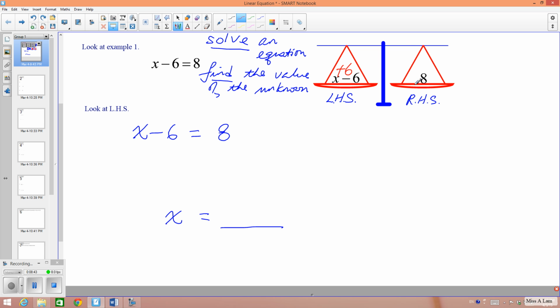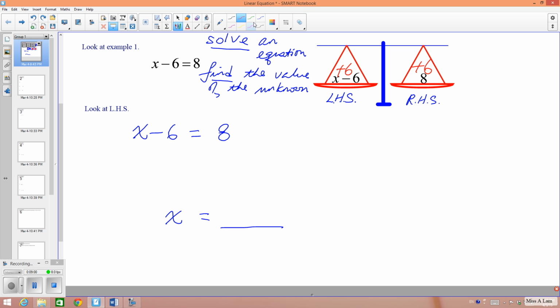Now if we want to keep the balance, what we have done on the left hand side, we should do the same on the right hand side. Therefore, if I add 6 to the left, then we have to do the same on the right.